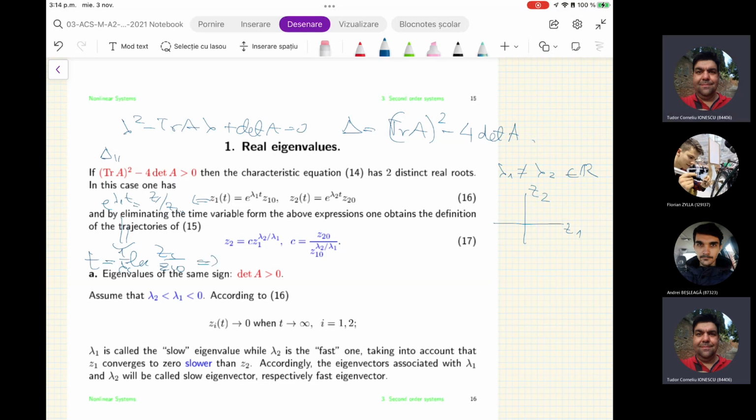And this further means that when you take the exponential once again, you multiply this by lambda 2, and then e to the lambda 2 t is what?